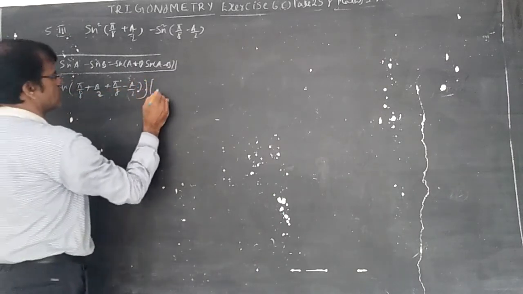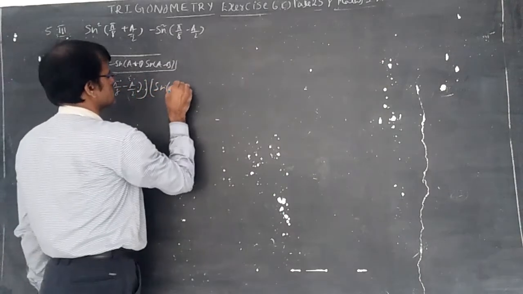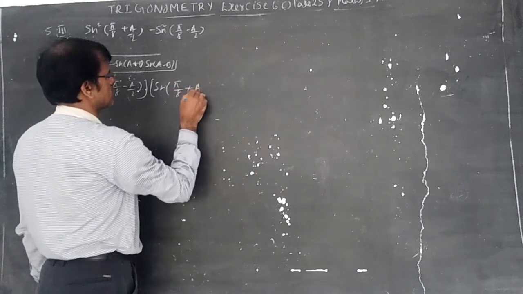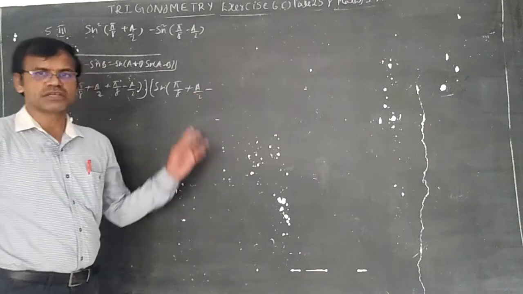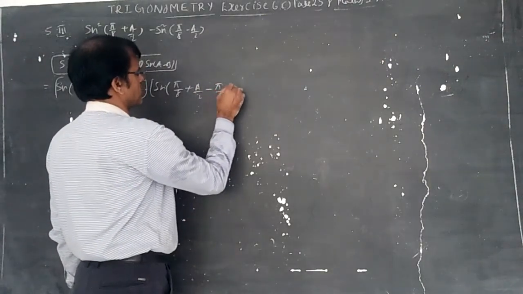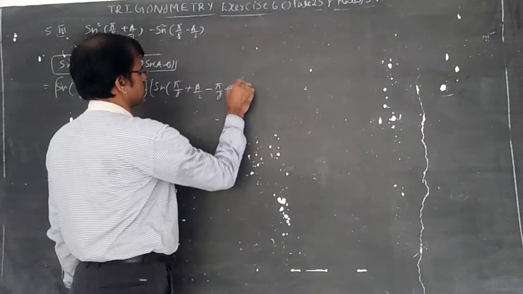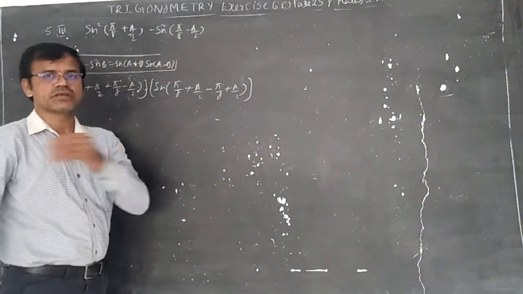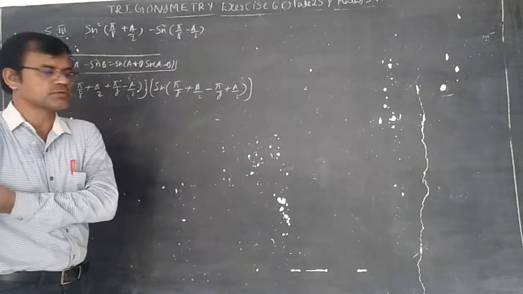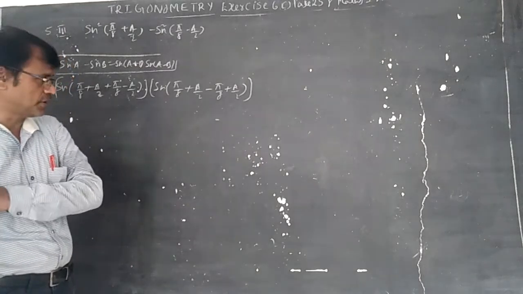Put a bracket here into sin of pi by 8 plus a by 2. This is minus, so minus becomes plus and plus becomes minus. So minus pi by 8 plus a by 2. Otherwise minus of within brackets pi by 8 minus a by 2, you can understand minus of minus becomes plus, that is a by 2 and minus pi by 8.